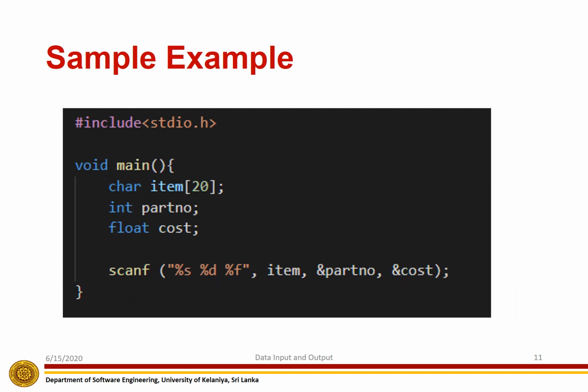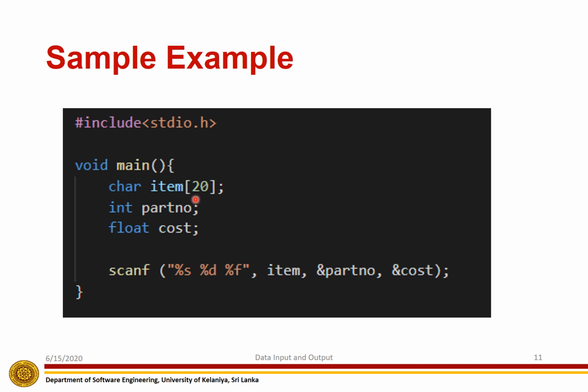And here is a sample example to understand the scanf function. First, the inclusion of the input output header file, hash include stdio.h. Then the main function, void main. Inside of that I have declared three data items. First one is char item, inside the square brackets 20. This is indicating an array.